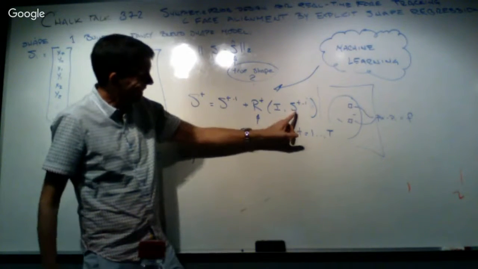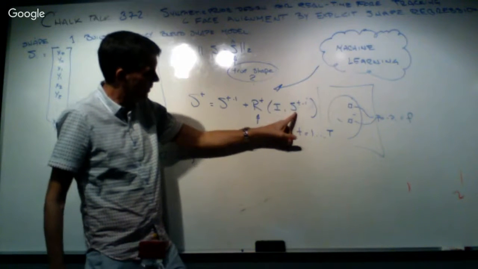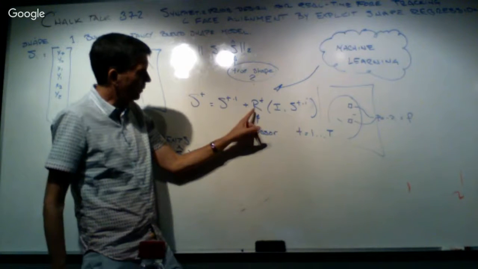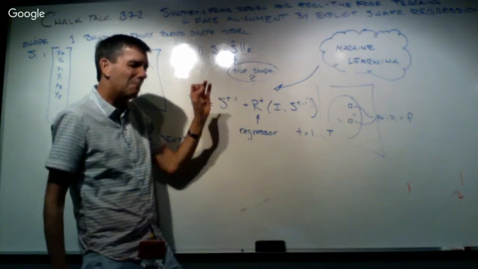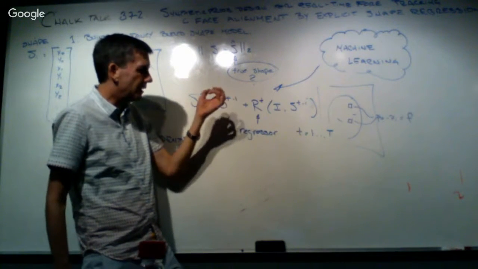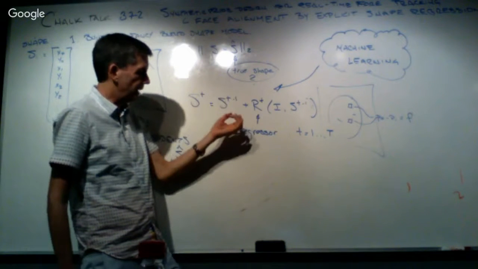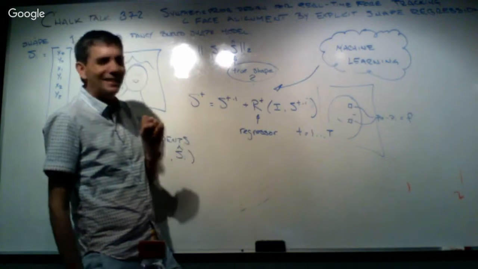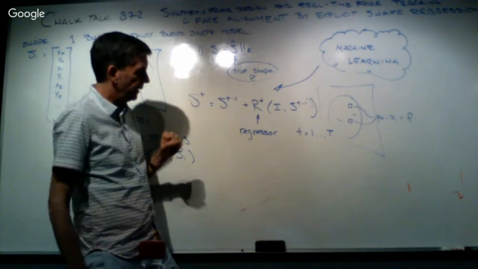So we're going to take the neutral face in the center of the image and the current image that we're working on, and run through a regressor that is built to figure out what to do with a neutral shape, because this guy does have an index based on the iteration that we're working on.